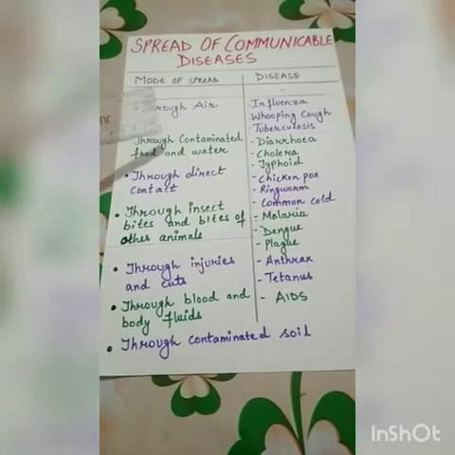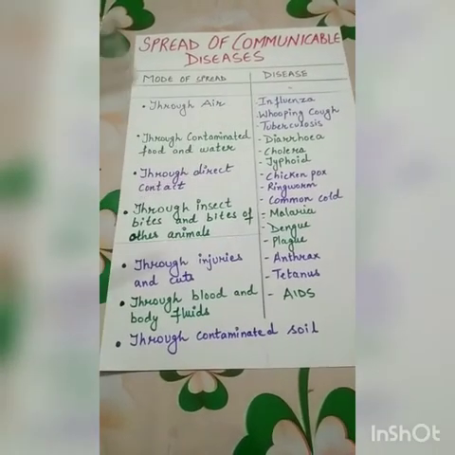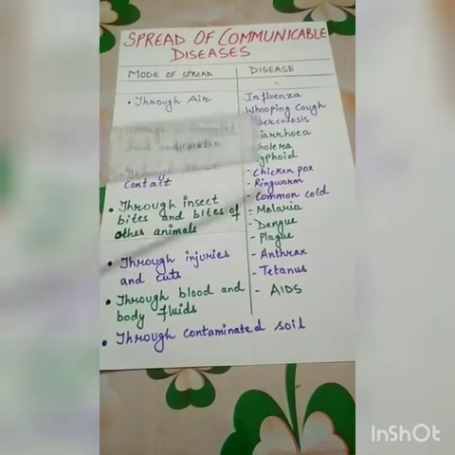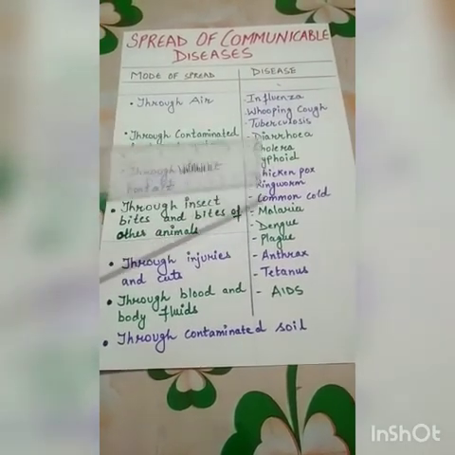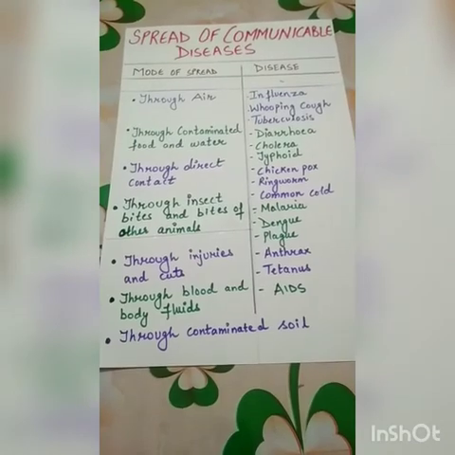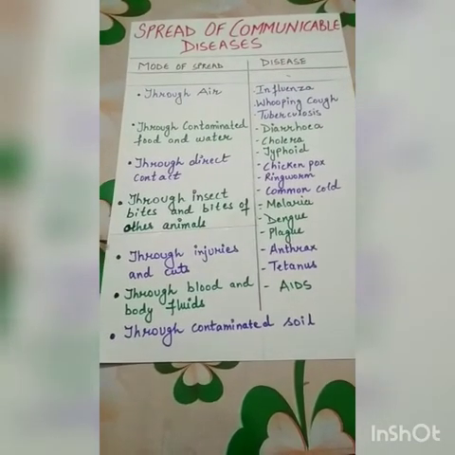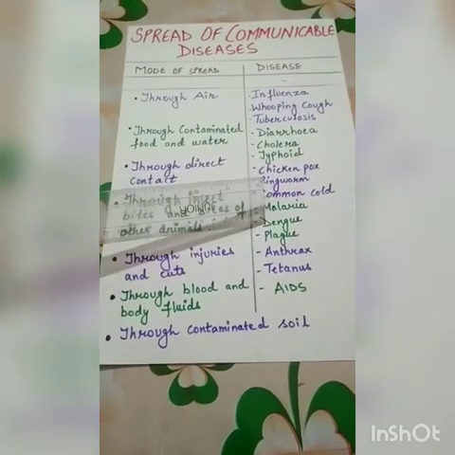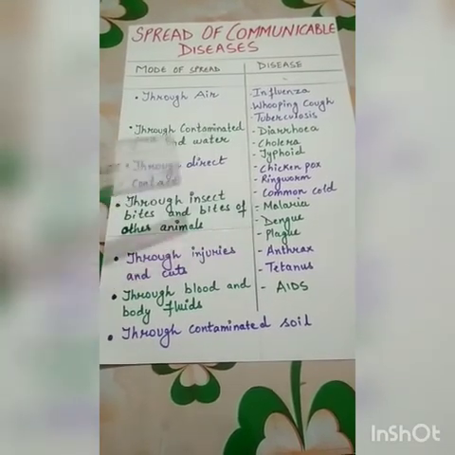Then, through direct contact, diseases like chickenpox, ringworm, common cold, etc. are spread. Through insect bites and bites of other animals, we have diseases like malaria, dengue, and plague.